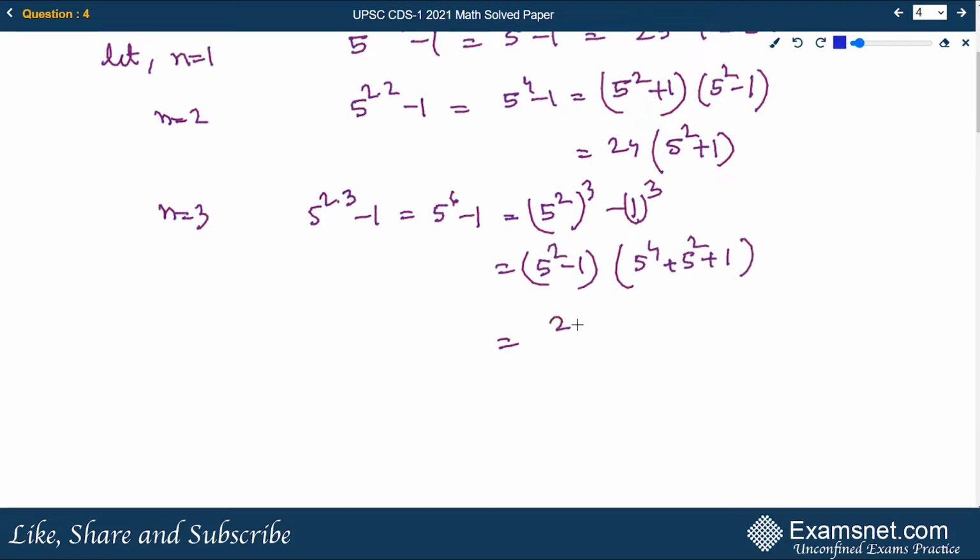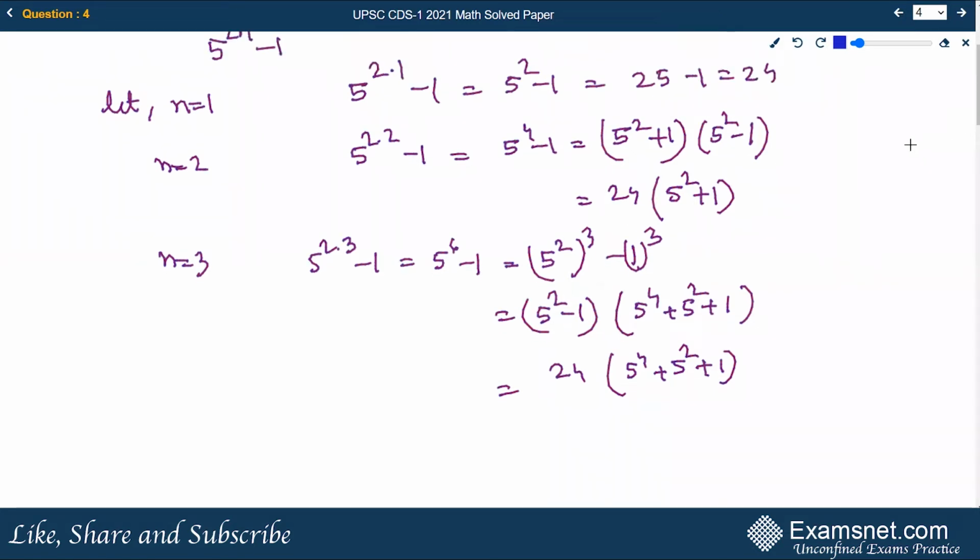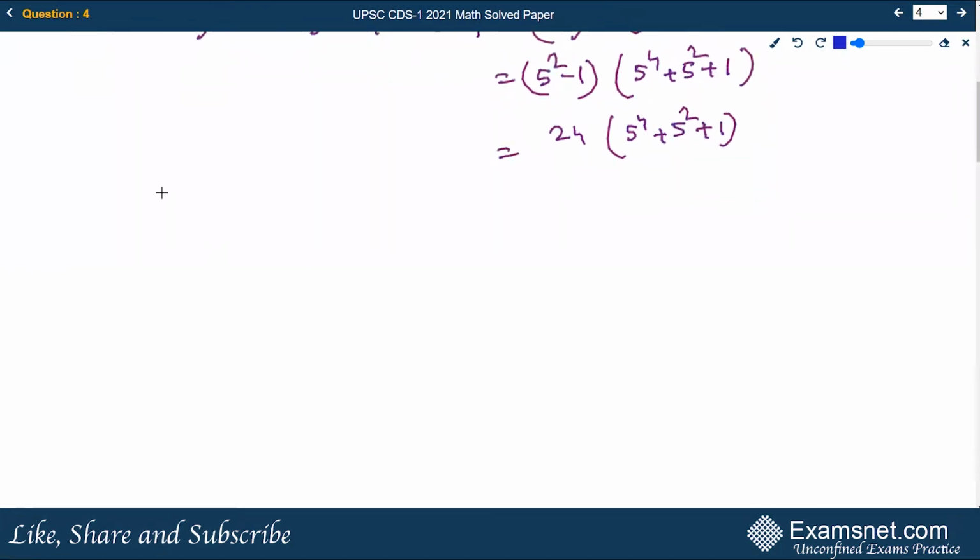So here also we can see 24 times 5 to the power 4 plus 5 square plus 1. So no matter how long we check, we'll always see that 24 is a factor of all the numbers. So we always get a factor of 24.